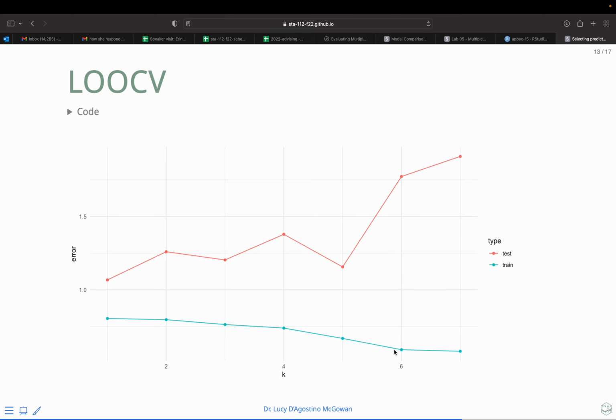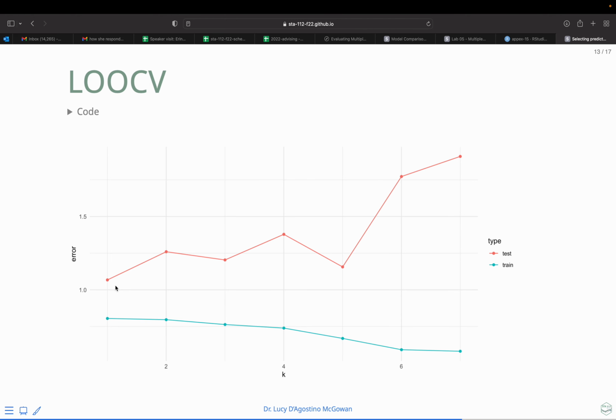I could do this, maybe dropping one variable at a time, so you could see what that looks like. Here I've plotted with the first 7 variables. The blue line is the training error, and as you would expect, that goes down a little bit as I add more variables. I'm getting more and more overfit to my data, so that error decreases. The red line shows my test error.